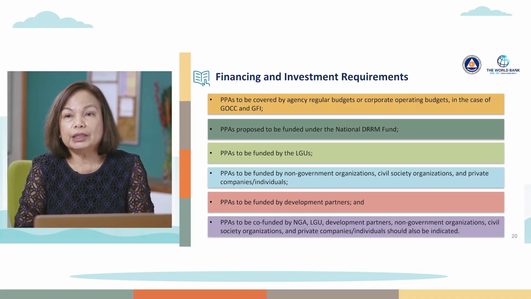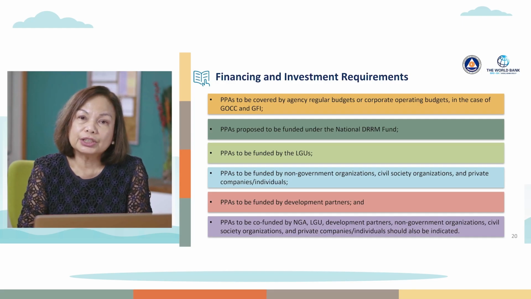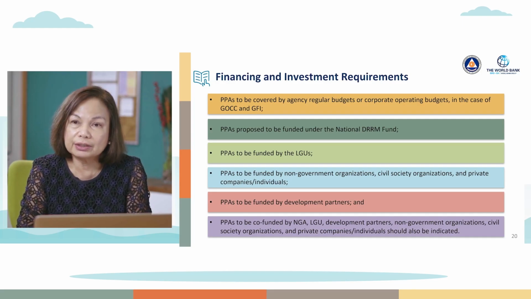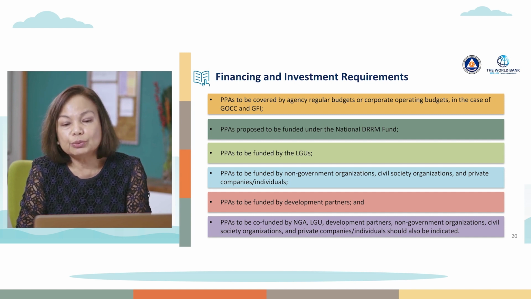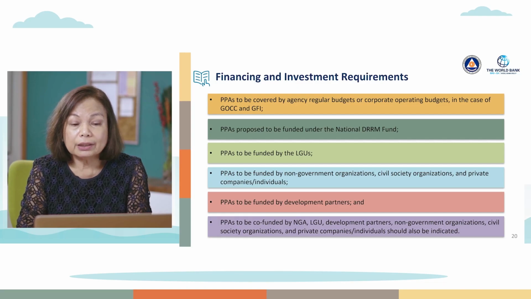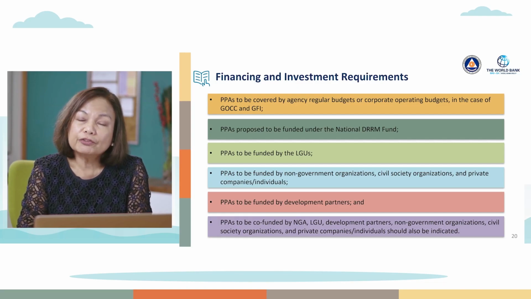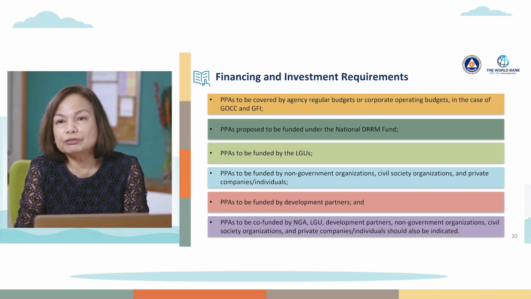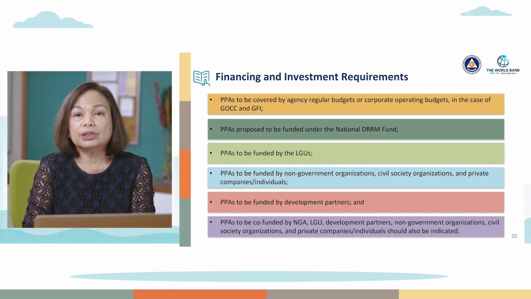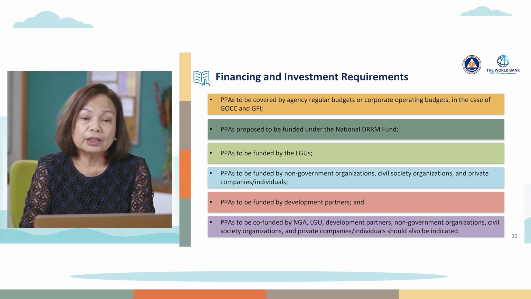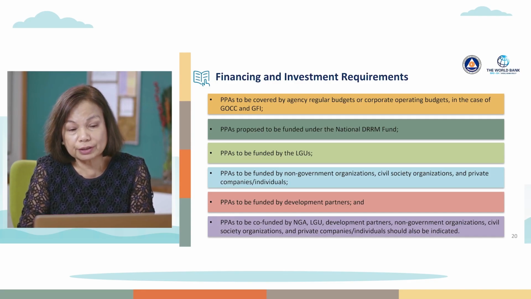One will be the regular budgets of the national government agencies. Now, when it comes to government corporations, they would have their corporate operating budgets. And in the case of the government financial institutions, like for example, Development Bank of the Philippines, the Land Bank, these are possible sources of financing for your different programs and projects.